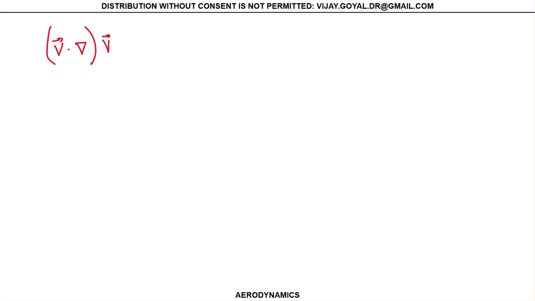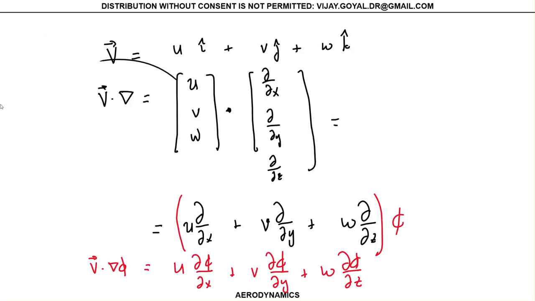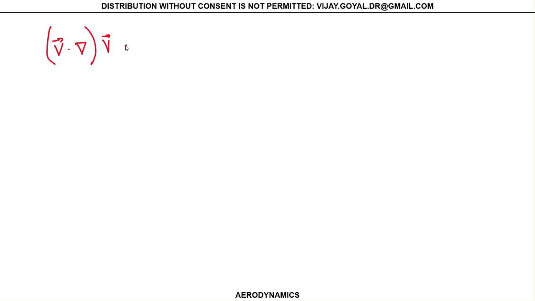So if I did that, then basically you're taking this expression right here. That's the first expression. So it says u partial of x plus v partial of y plus w partial of z.